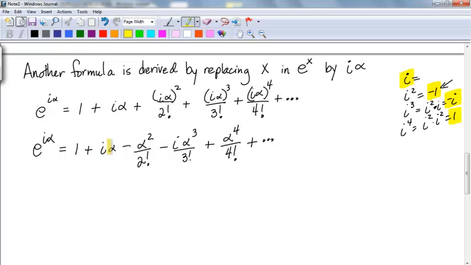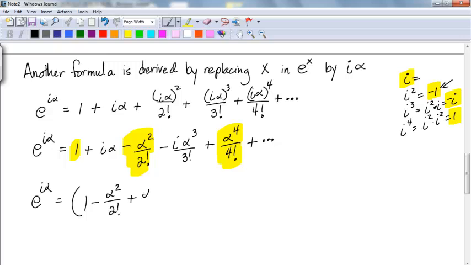Now, if you take and regroup, we're going to group every other term together. So if you regroup, e to the i alpha equals 1 minus alpha squared over 2 factorial plus alpha to the 4th over 4 factorial minus alpha to the 6th over 6 factorial, and then plus dot dot dot.